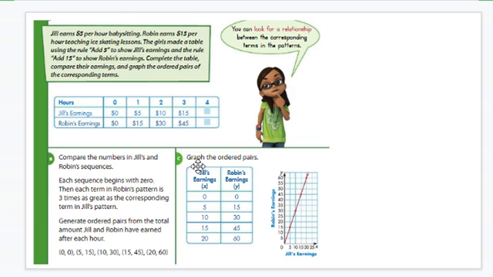We also know that because Jill's rule is plus 5, 5 times 4 is 20. So 5 times 5, the 5th week, would be 25, right? And then we're adding 15 to Robin's. So 60 plus 15 is 75. So let's remember that, 25 and 75.